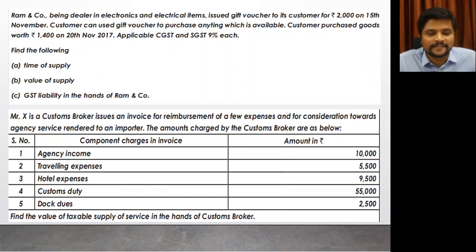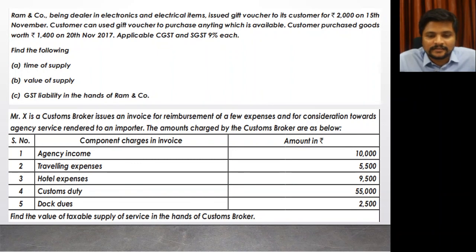First question, time of supply. As per section 12, what is the time of supply in the case of supply of vouchers? If the date of issue of the voucher is known, then that date has to be taken as the time of supply. If the date of issue of the voucher is not known, then you can take the date of redemption of that voucher.